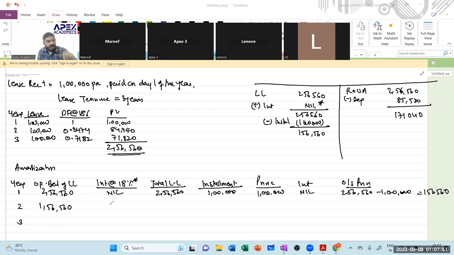Now on this, interest will come at the rate of 18%. Why? Because now a 1 year period has elapsed. What is your answer? 28,181. What is your total lease liability? 28,181 plus 156,560, that is 184,741.